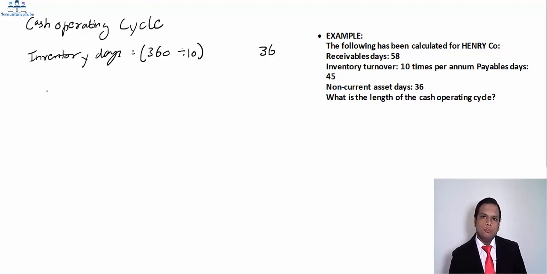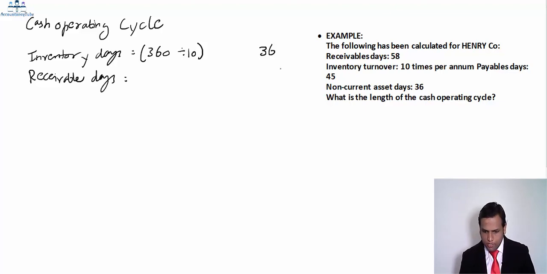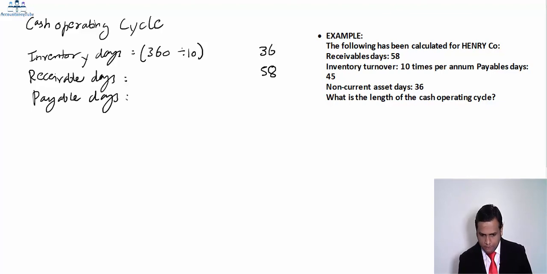Working capital is more about using your common sense. Then we have got receivable days. As per the performer, and luckily we already have the receivable days in the example, that is 58. Then we have to include payable days. Now, as I've just told you, payables will always be negative.